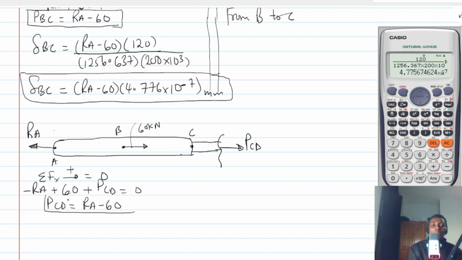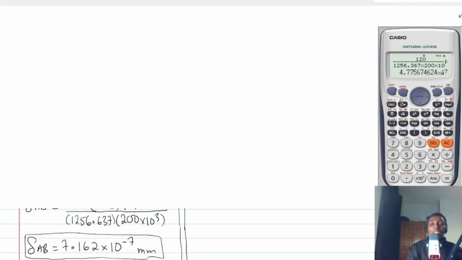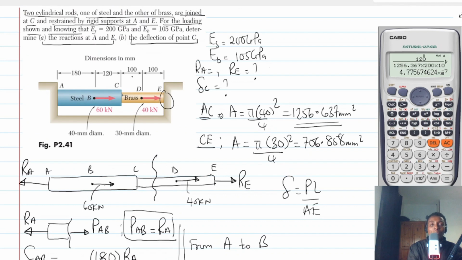So between BC and CD, the same sort of force will be experienced. So we know PCD, right? Again, deflection in CD will be the load, which is RA minus 60, multiplied by the length. What is the length? The length is 100 between C and D, right?